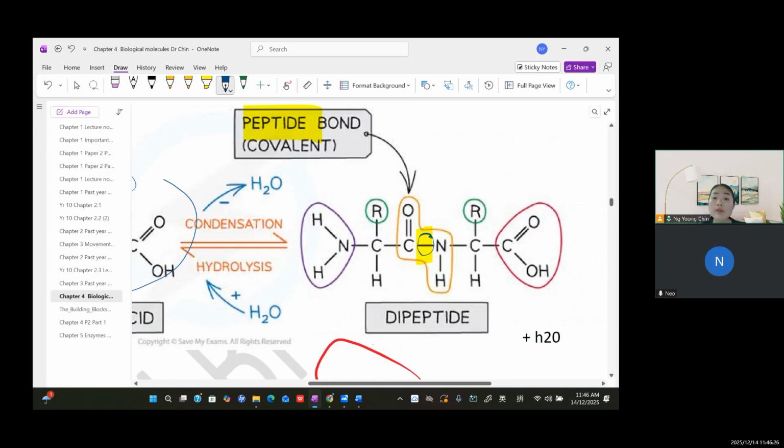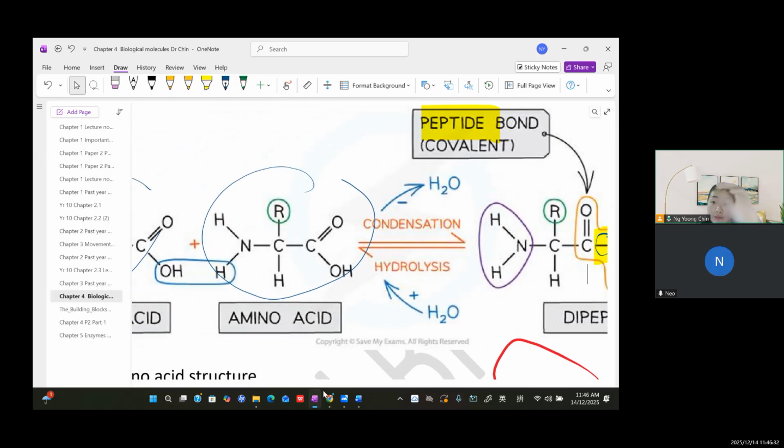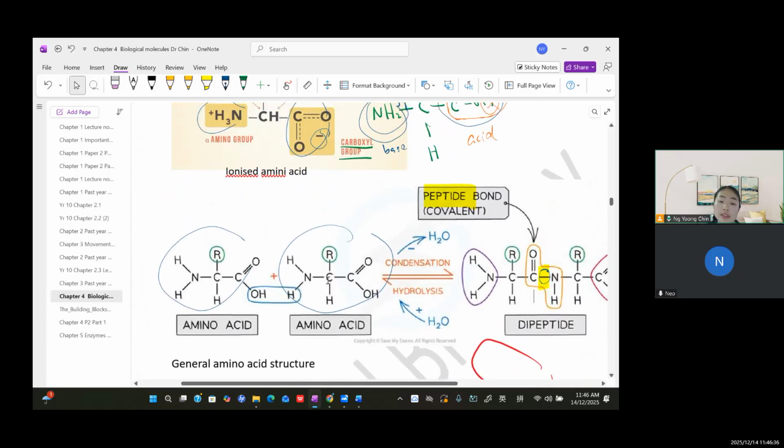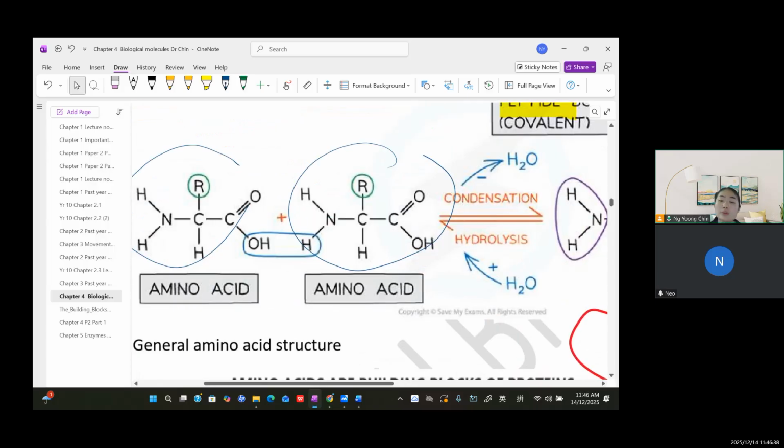Peptide bond. Just like in lipids you have the ester bond, in the protein you have peptide bonds. This peptide bond is just linking the amino acids together. So you can see it's condensation, because they are actually removing a water molecule. So that's why condensation always involves removing one or two or more water molecules.